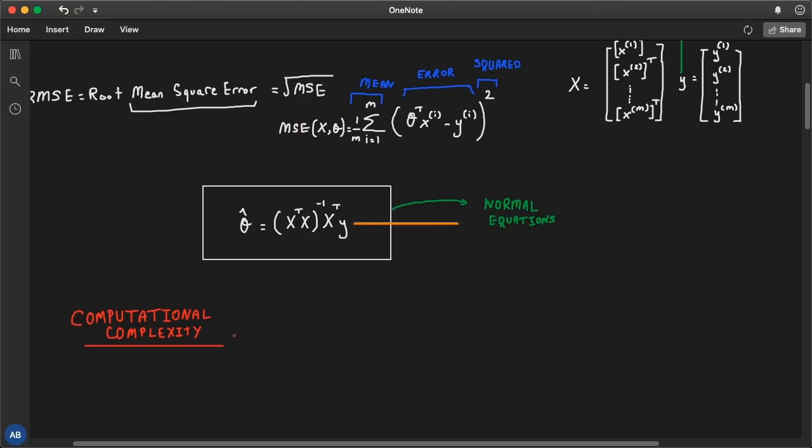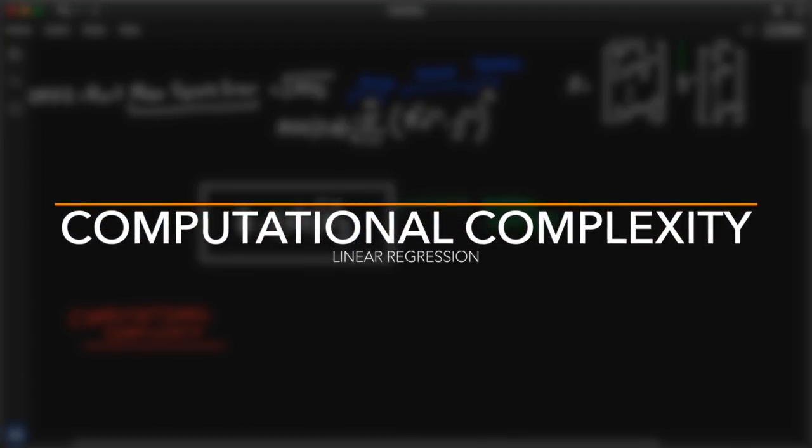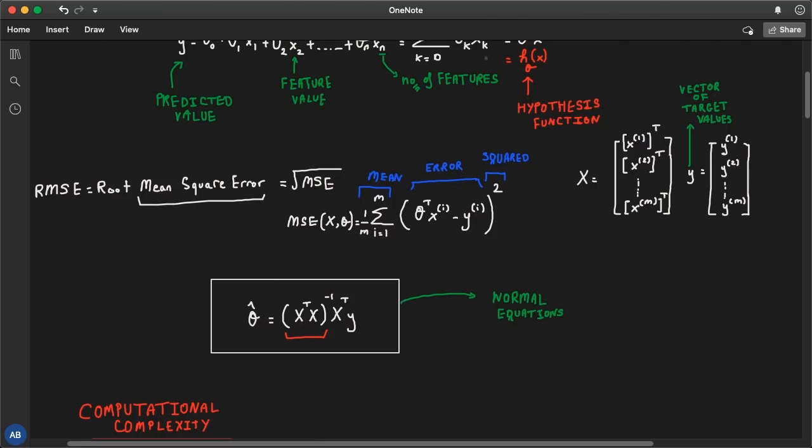Now let's talk about the computational complexity of computing this normal equation. As you can see, the normal equation requires (X transpose X) inverse. This is an n by n matrix, right? Actually, it's n plus 1 by n plus 1, because X has m rows, but how many columns?